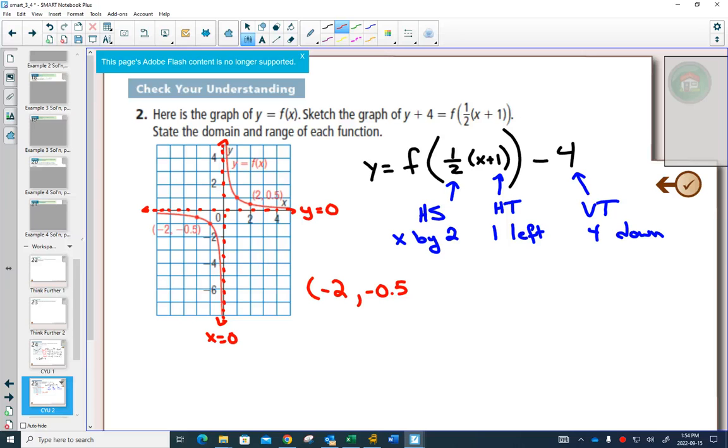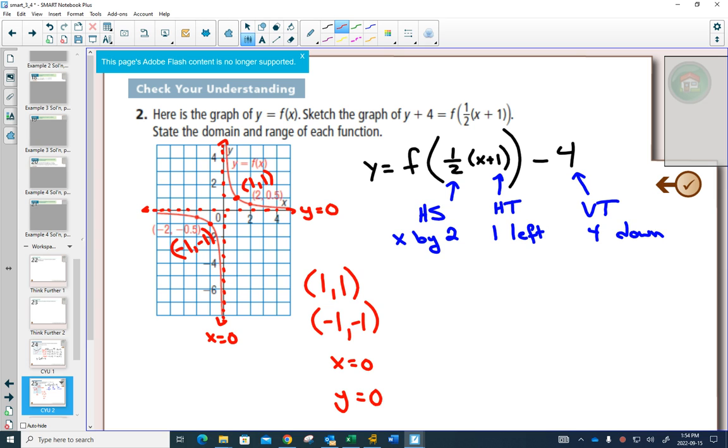Can I switch? Do you want nicer numbers? So I think they should have chosen 1, 1 and -1, -1. And we're also going to write down our asymptotes.